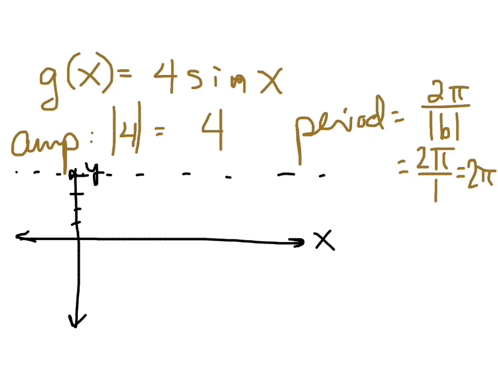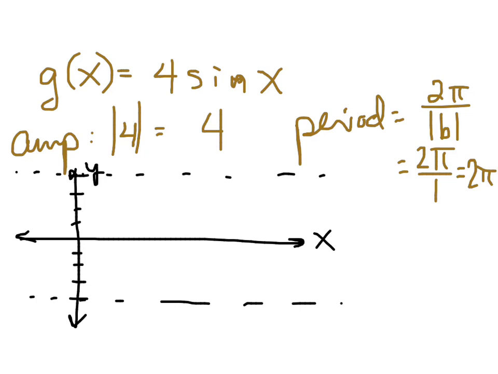And then I'm also going to go down 4, 1, 2, 3, 4, and make a dashed line. The reason I'm making the dashed lines, you guys, is so that I know when to stop. I'm going to go up, hit the dashed line, and then come back down, hit the dashed line. I can't go all the way through that. The dashed line is like the stopping point, like a fence. Does that make sense so far?